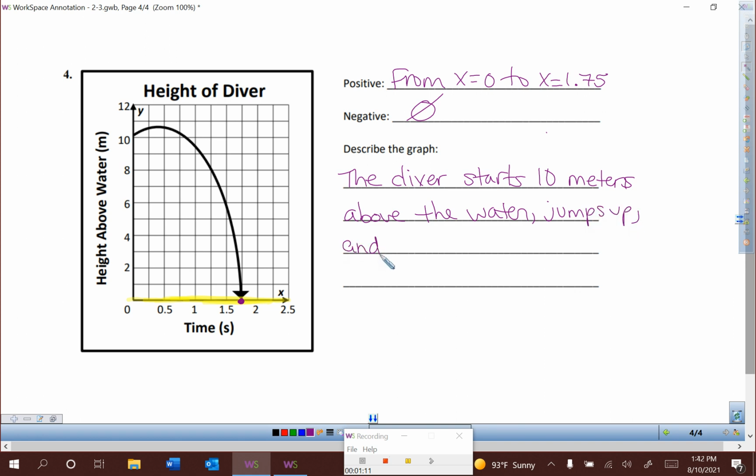And then lands in the water 1.75 seconds later. So he started 10 meters above the water, jumped up, and then came down and landed in the water 1.75 seconds later. So I made sure I talked about both my start and my end for that one.